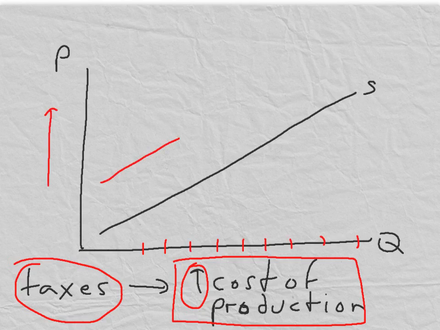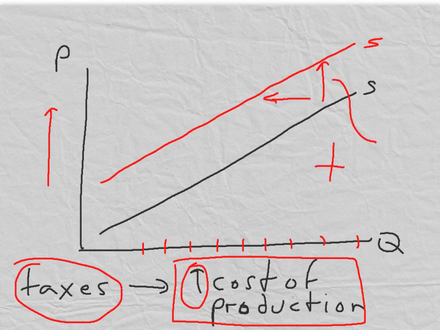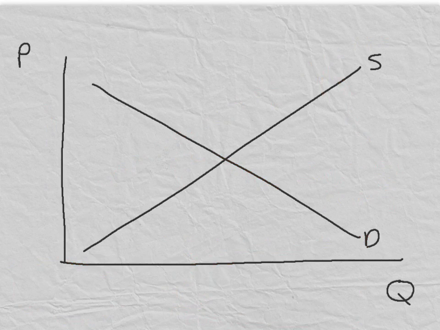The effect of this is effectively to shift the supply curve, either we can call it upwards or to the left. And the vertical shift in the supply curve is the level of the tax per unit that we are placing on the product. So whenever we put a tax on something, the supply curve shifts vertically up, and the vertical shift represents the amount of the tax per unit.